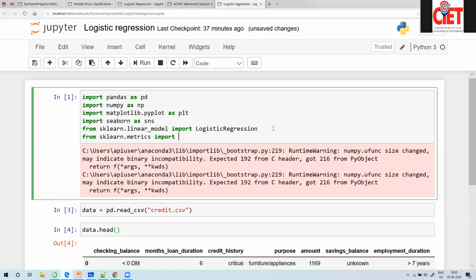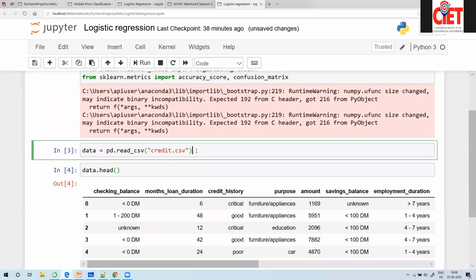We wrote a custom function for MAPE, etc. Today for logistic regression, we are going to use something called accuracy score and another one called confusion matrix. So these two would tell us how good a logistic regression model has learned from the historical data and how the predictions look like. So that's to start with.